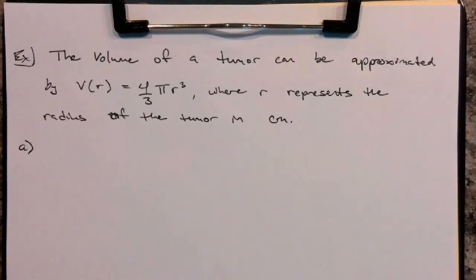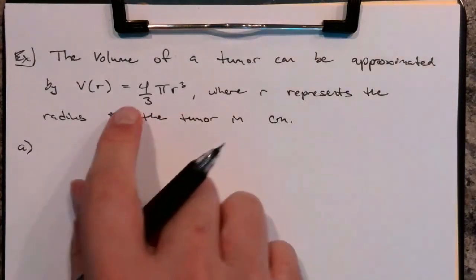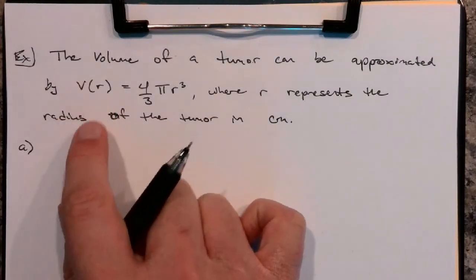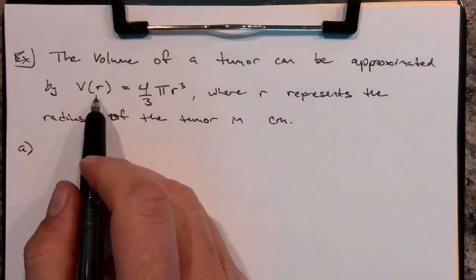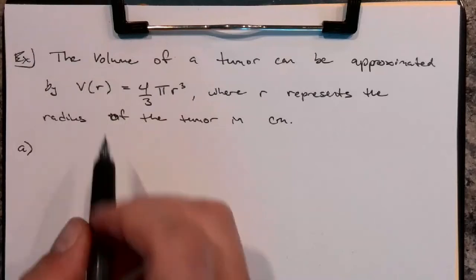All right, so they're giving you an example where the volume of a tumor can be represented by this formula, V of r instead of f of x. But keep in mind, r is like your input, like your x. V of r is like your y value.